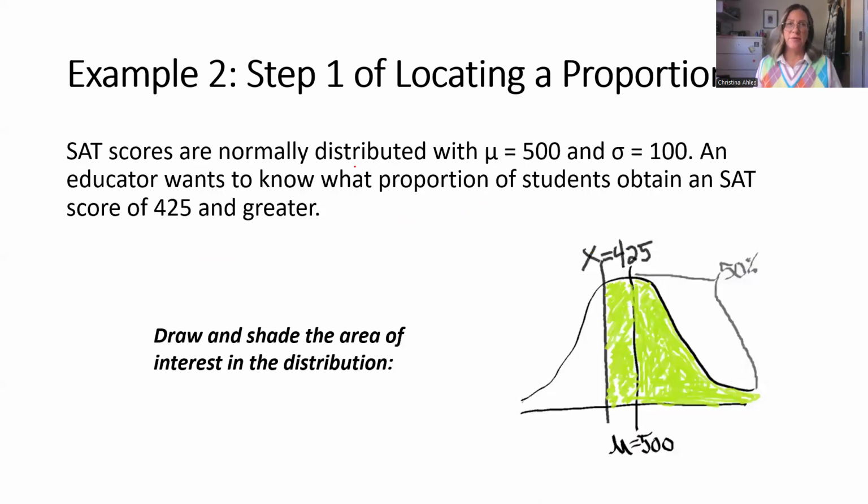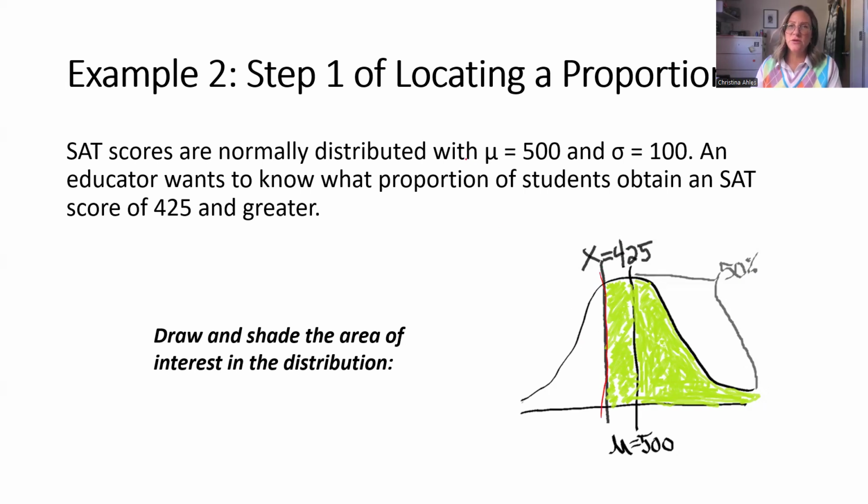So here's another example. We have the SAT scores again, and an educator wants to know what proportion of students obtain an SAT score of 425 and greater. Now we're getting a little bit trickier. So 425 falls below a mean of 500. So as you could see, we have this line to the left.